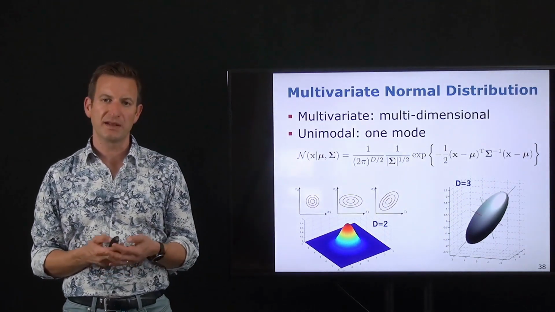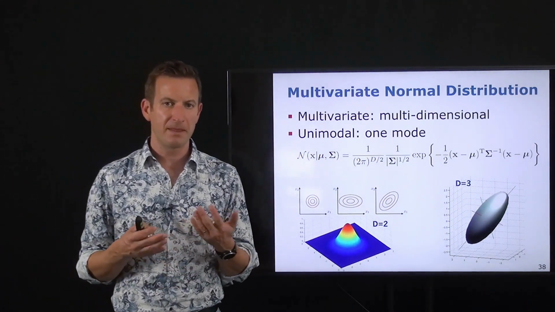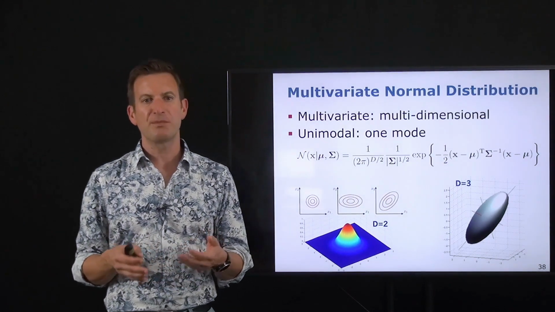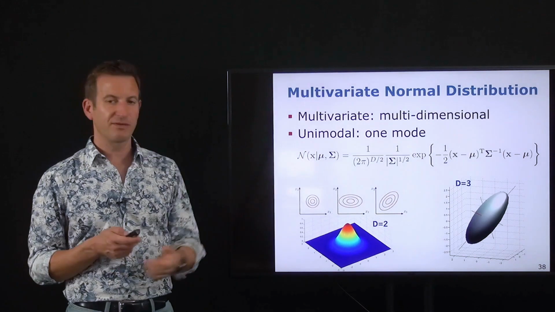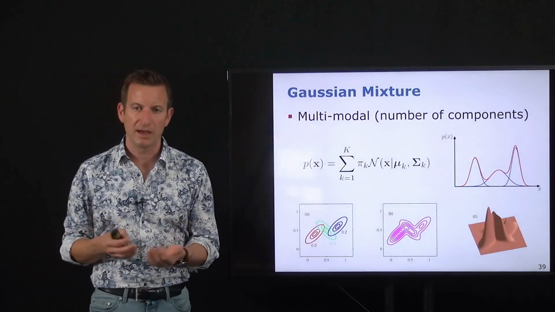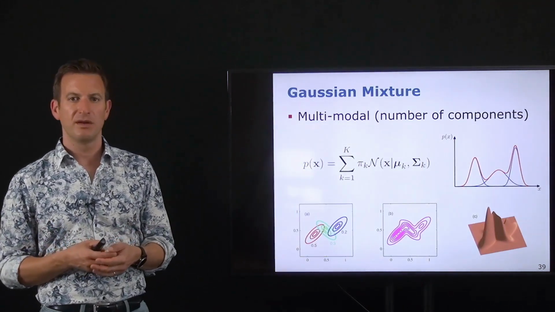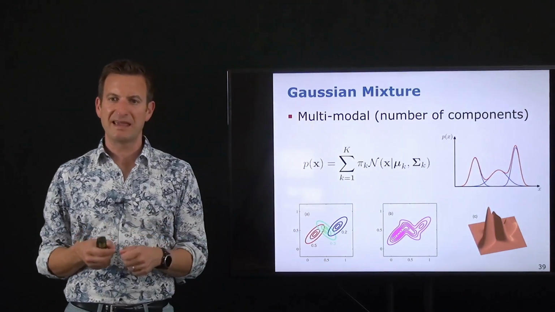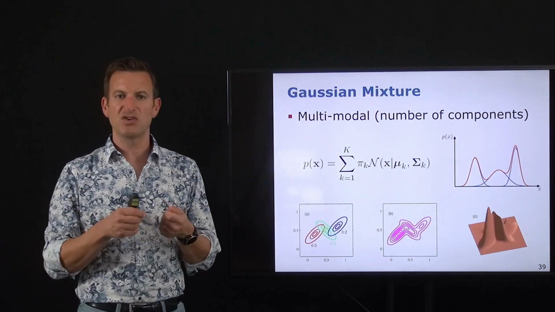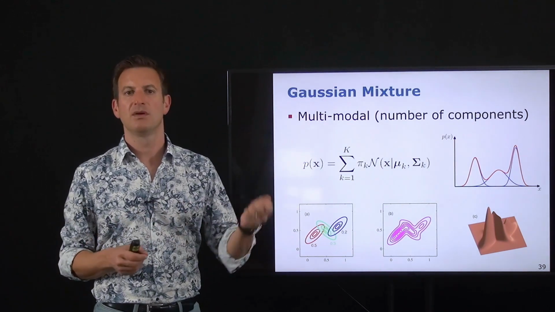We can also combine multiple Gaussian distributions. If you need to represent multiple modes, we can do this by combining multiple Gaussians. This is what we call a Gaussian mixture or a sum of Gaussians. In this case, we have a sum over k components. So we have k Gaussian distributions, and we just sum up those distributions.